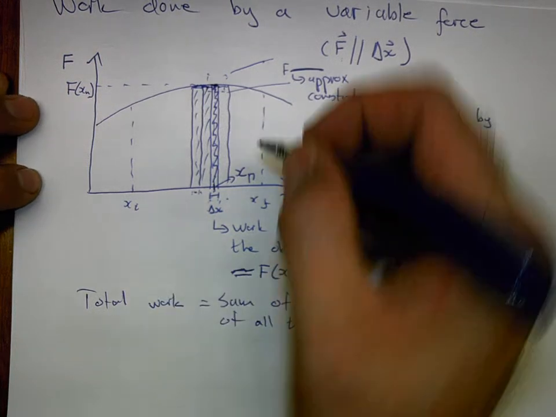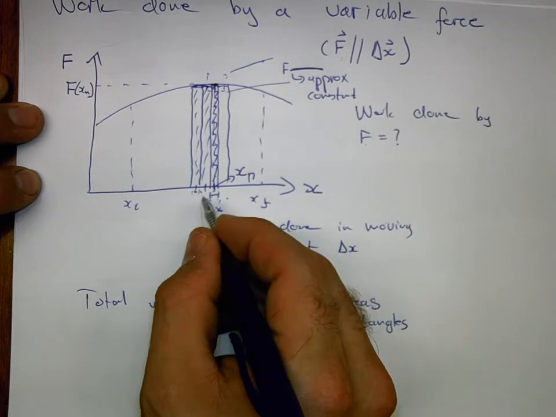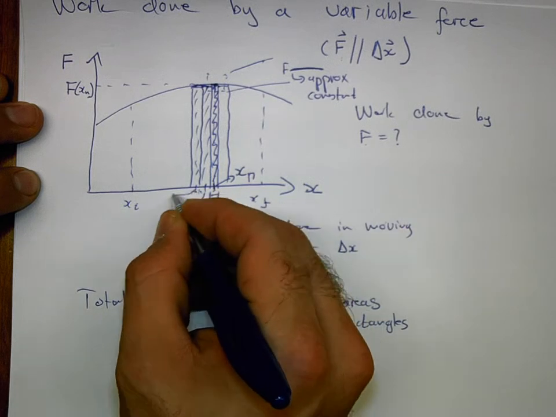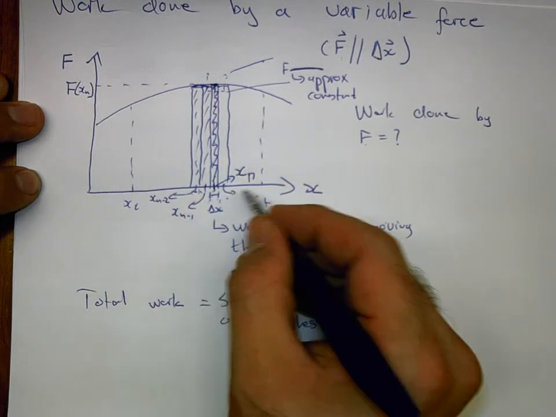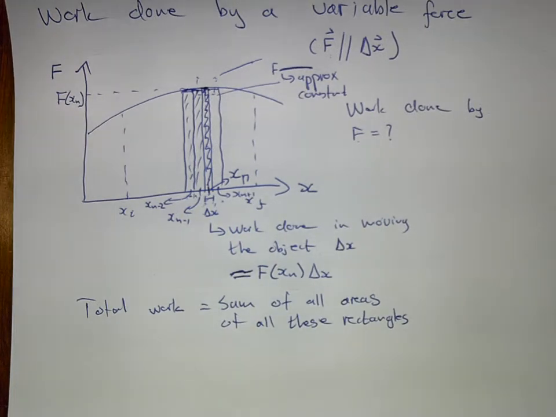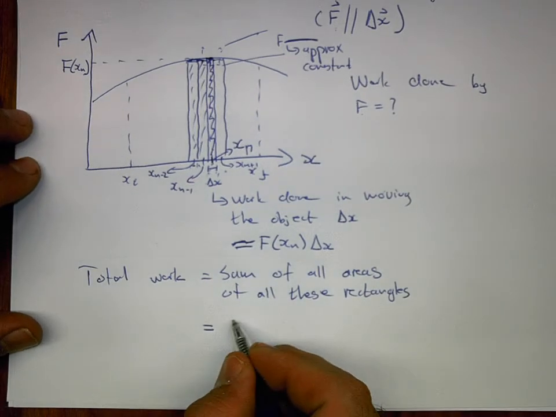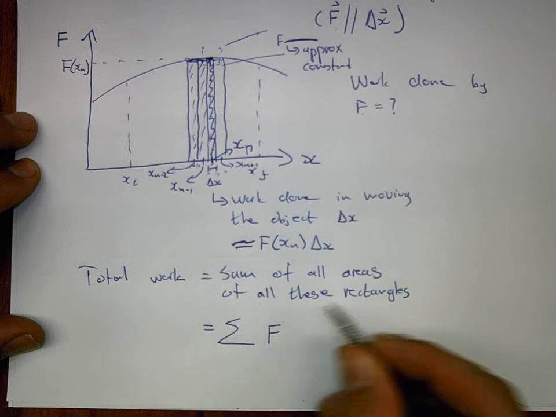and if we give the x coordinates names, that would be x_n minus 1, let's call that x_n minus 2, that would be x_n plus 1, and so on. And we've now divided this area into a certain number of tiny little rectangles. So if we add them all together, it's the sum of all the areas of the rectangles.